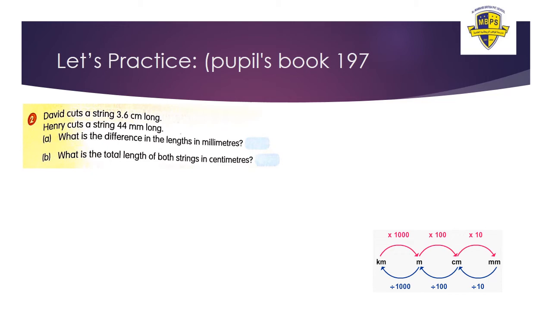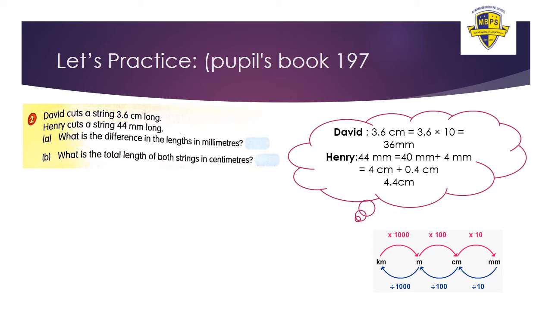So before we start, let's convert these two. For David, it's 3.6 centimeters. We want to make it millimeters to find A. So, how will we do that? From centimeter to millimeter, big to small, I multiply.